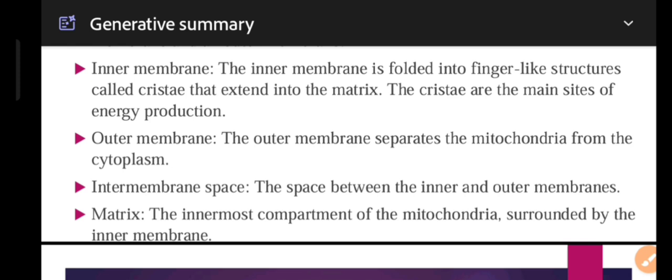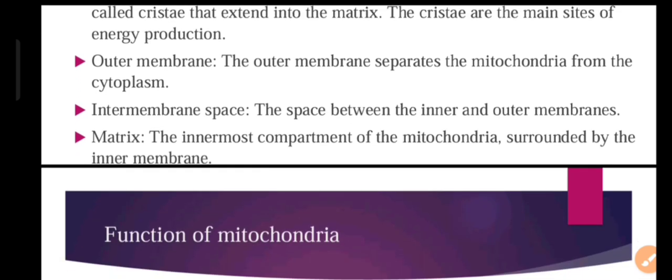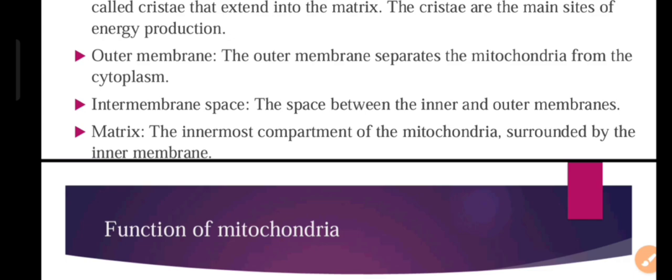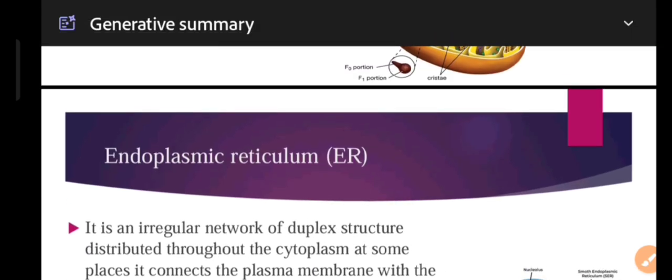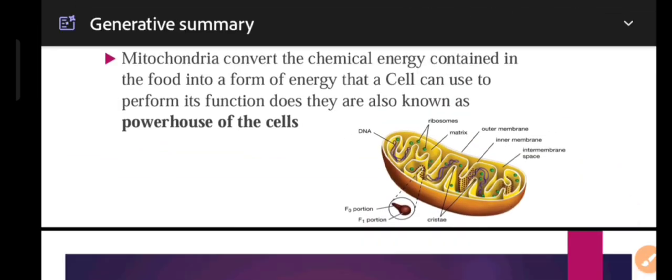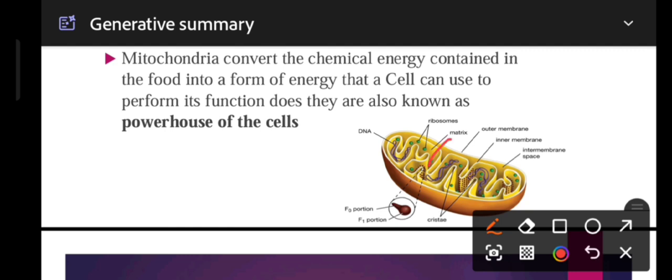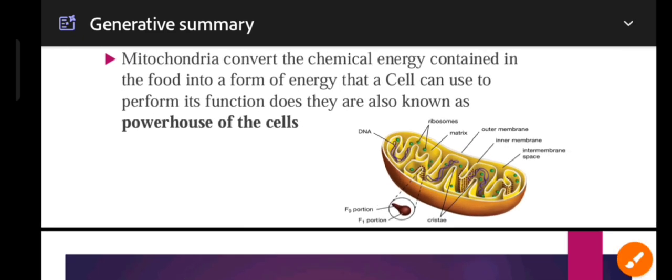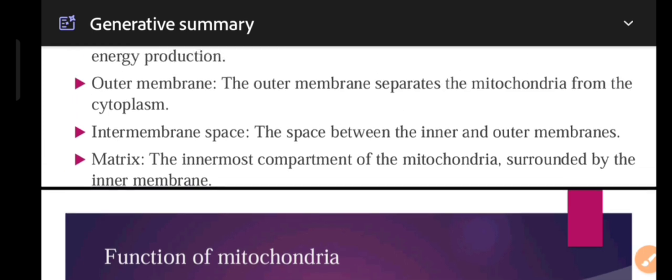The intermembrane space is the space between the inner and outer membrane. The matrix is the innermost compartment of the mitochondria surrounded by the inner membrane. Understand? We can also notice ribosomes inside the mitochondria.